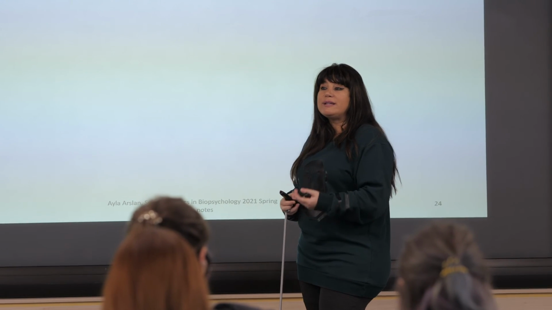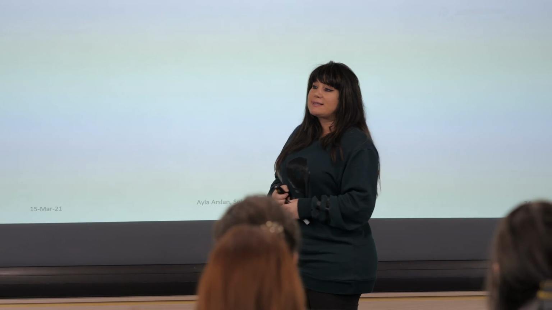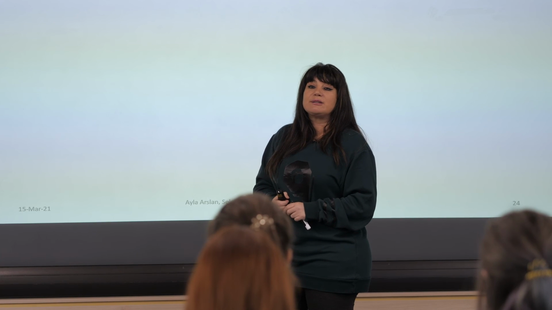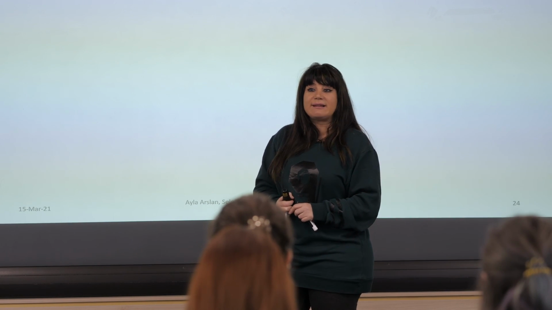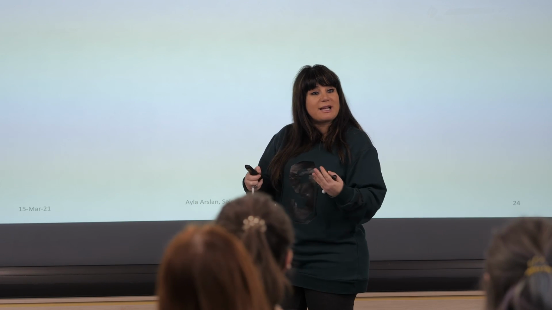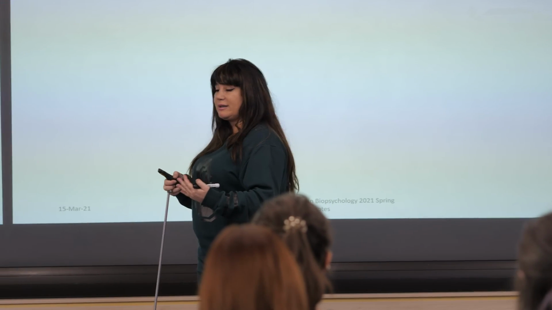Okay? And all these results converge on the idea that there is this mechanism of neuroplasticity. Neuroplasticity can be defined as the ability of the nervous system to change as a result of activity. And that happens during health, that happens during disease. So neuroplasticity is a natural phenomenon, but it can also be observed in pathological states.